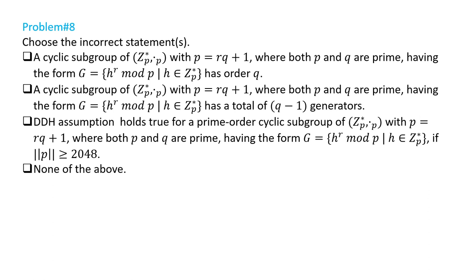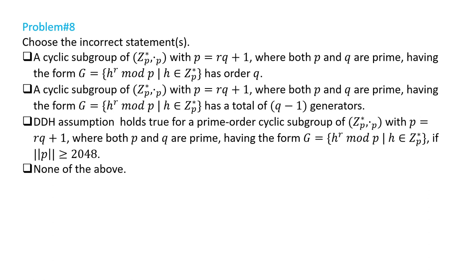Basically all three are actually correct. As discussed in the lecture, for a cyclic subgroup of this form, they are groups where the DDH assumption holds true, and the group has order Q such that Q satisfies this condition, P equal to RQ plus 1, and Q is a prime.